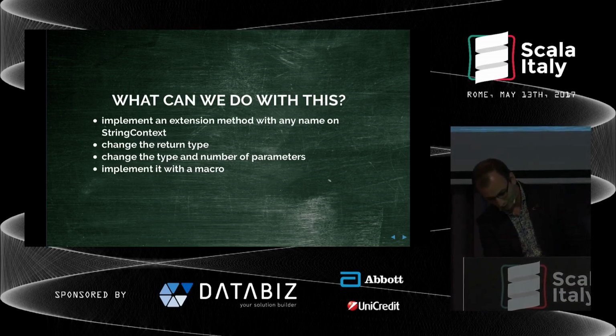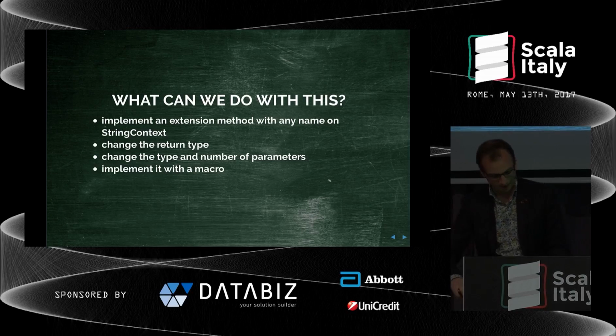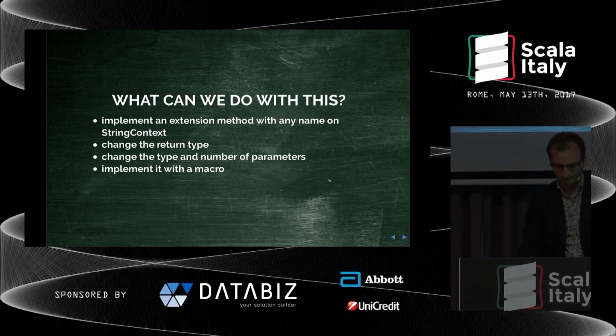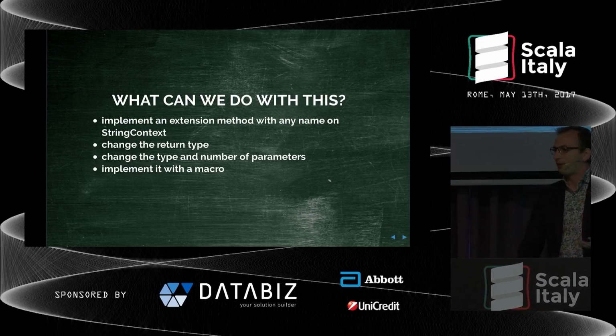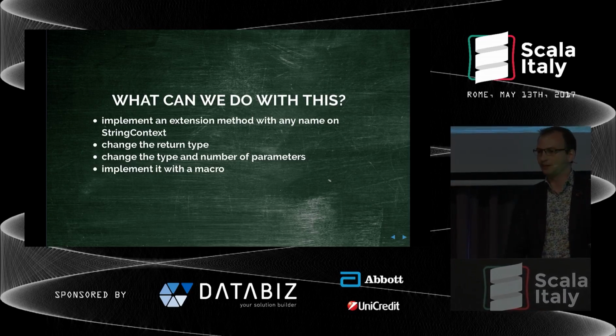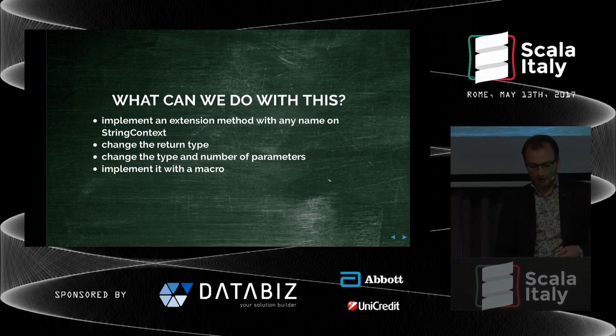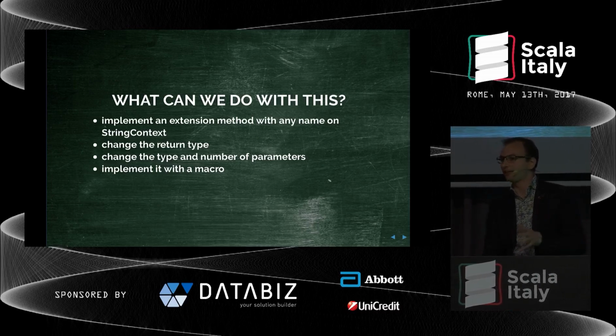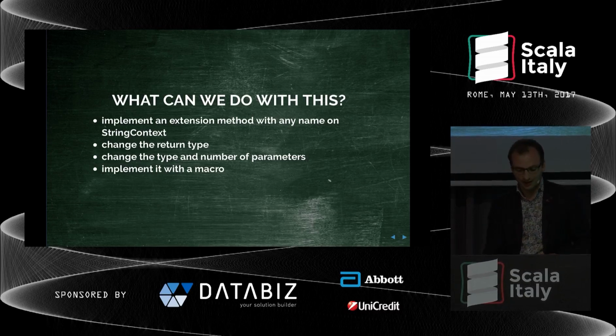So assuming we implement that extension method on string context, we can then implement that method any way we like. We can change the return type. It doesn't have to be a string. We can give it parameters which have any type. They can be restricted to some non-any type, so they could be strings, they could be integers.